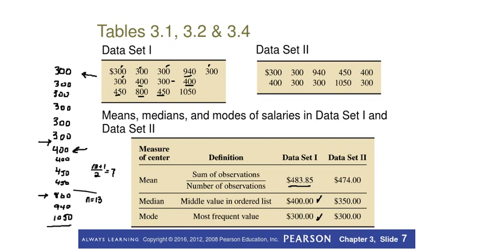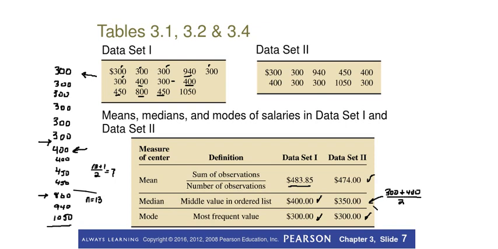So to find this median, we add our two middle numbers, 300 and 400, and divide by 2. 300 plus 400 divided by 2, 700 divided by 2, is $350. 300 is still our mode, and our mean this time becomes 474.